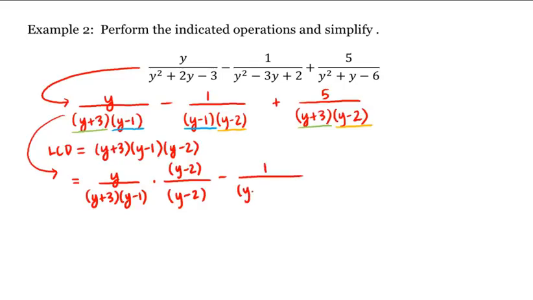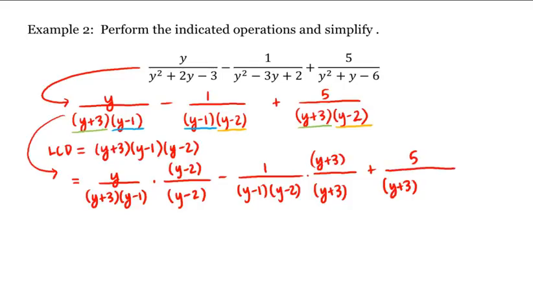And in the second case, we're missing the y plus 3. And in the last case, we're missing the y minus 1.